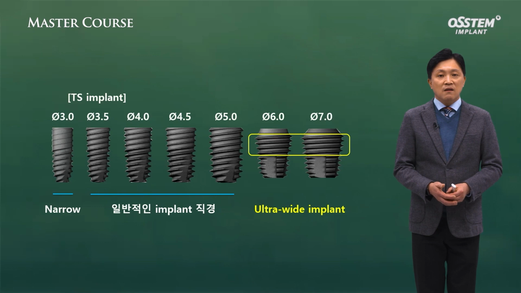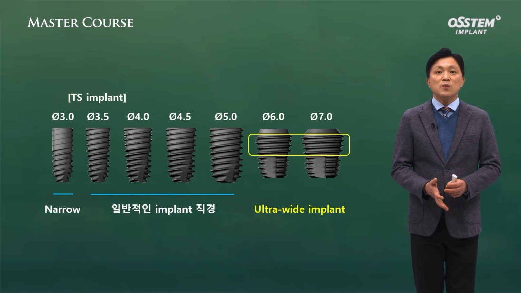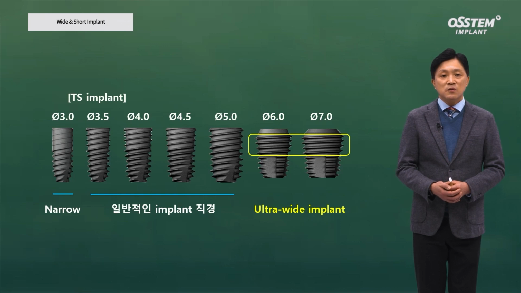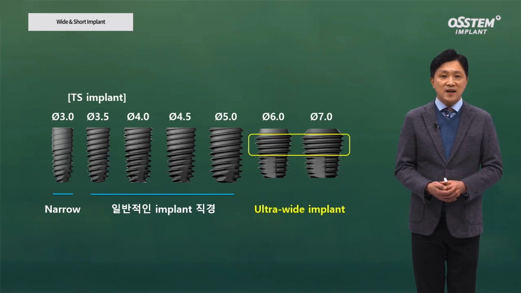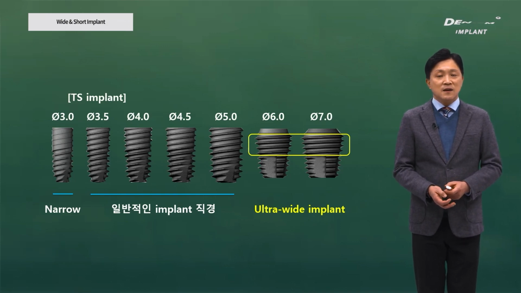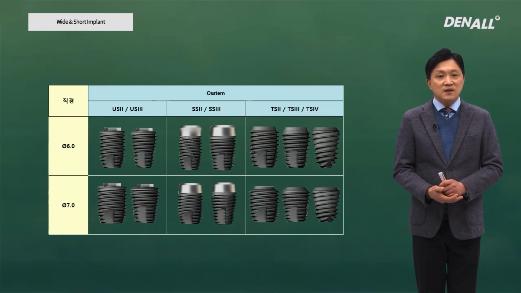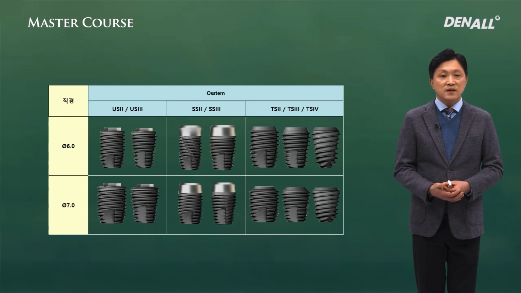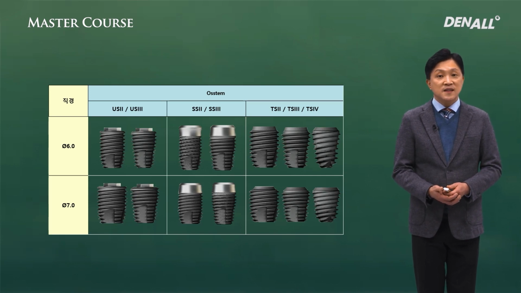If it's more than 5 millimeters, we also have 5.5, but up to 6-7 millimeters, we call them ultra-wide implants. And also US or SS do have ultra-wide implants.